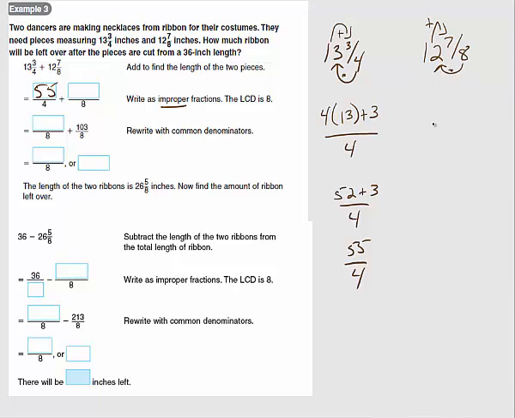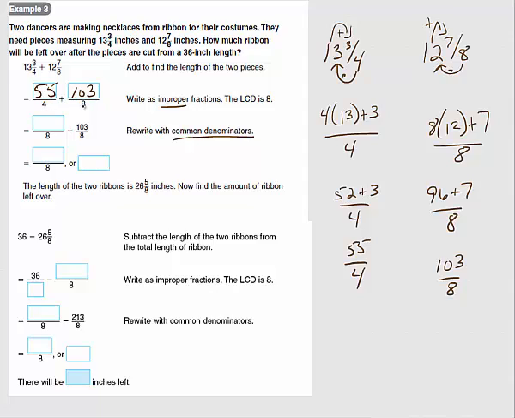I'm going to take 8 times 12 plus 7 for my second fraction that needs to be made improper. So I have 8 times 12 plus 7 over 8. 8 times 12 is 96 plus 7 over 8. And that is 103 over 8. So my second conversion from a mixed number to an improper fraction is 103 over 8.